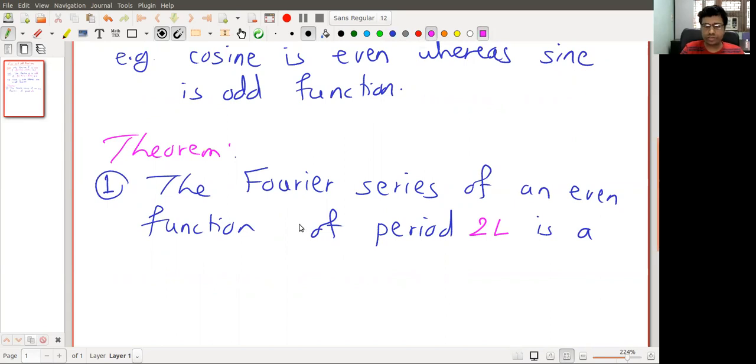Fourier cosine series means the Fourier series containing cosine terms only.